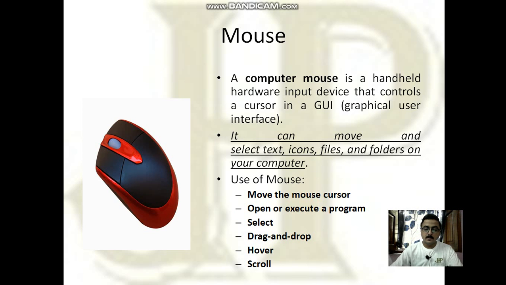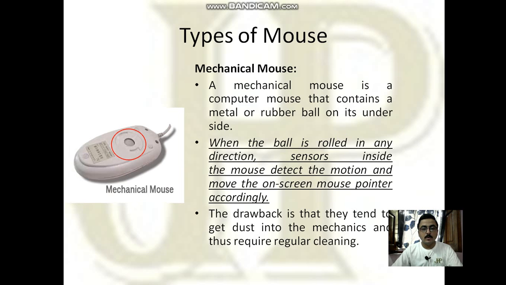Okay. Now let's discuss types of mouse. The first one is the mechanical mouse. It contains a metal or rubber ball on its underside here.